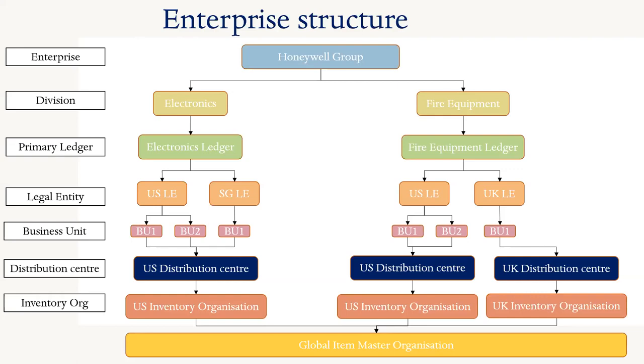The reason is that the item master is only a virtual item master or virtual inventory organization, whereas we don't have any physical reference for this particular item master organization. That is the reason we have this as a global. So this is optional. If we wanted to have one item master for each inventory organization, we can have it, but we have this privilege of having it as a global. So this is all about the enterprise structure.